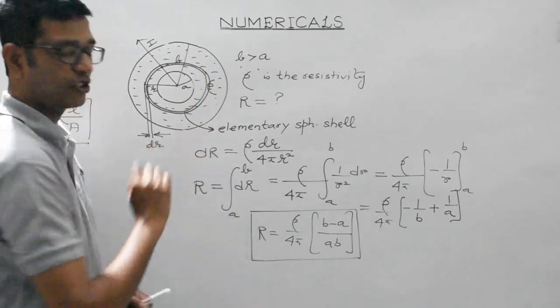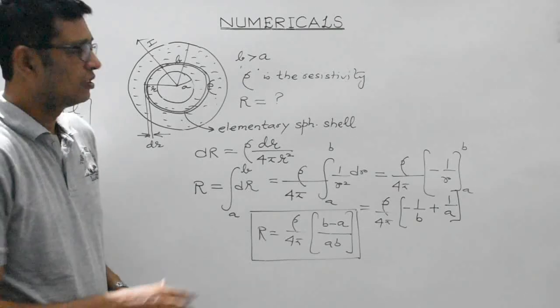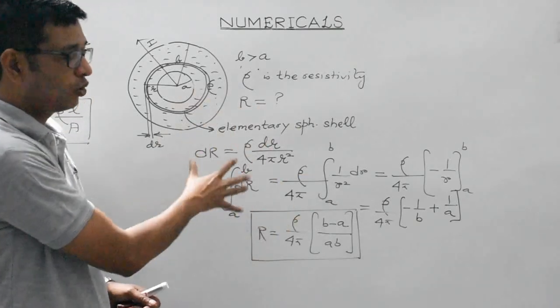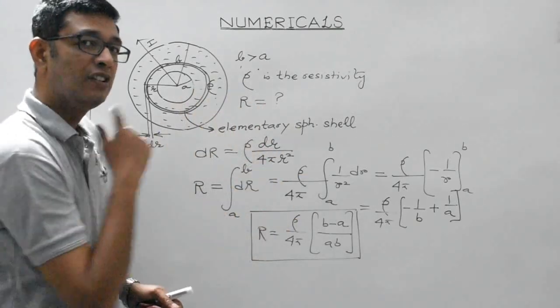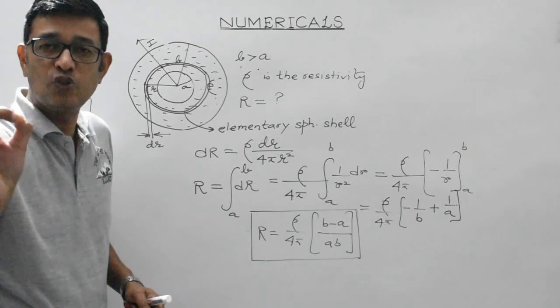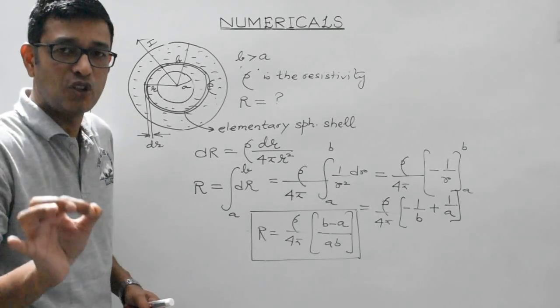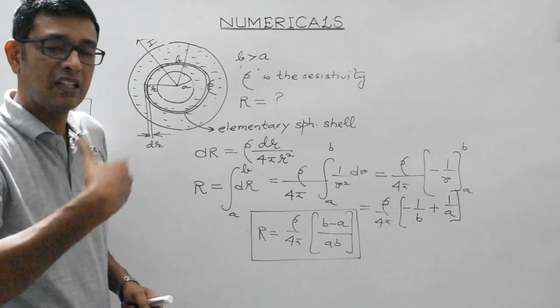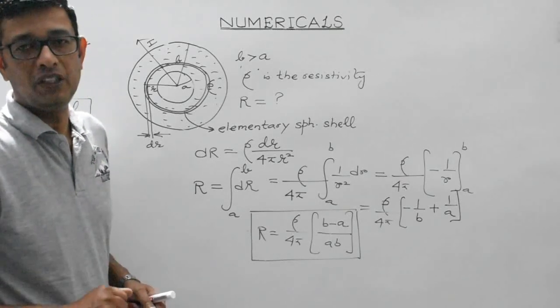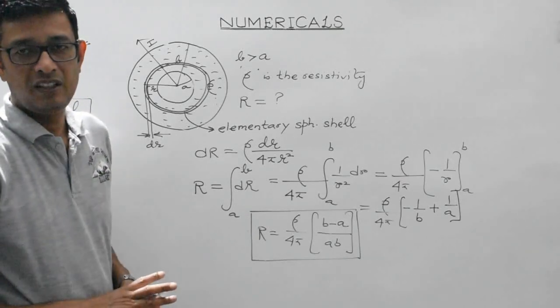So this is the expression. This is a very important question requiring the use of calculus. First try to find out the small resistance offered by the elementary shell and thereafter integrate it by taking suitable limits. That will give you the result.